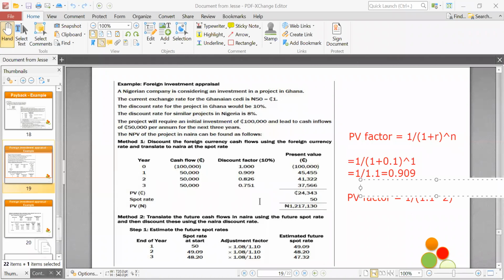So if you multiply 24,000 Ghana cedi by 50, you should be getting the present value in naira. I hope that's simple, right? So this is how you get net present value. Is that clear?